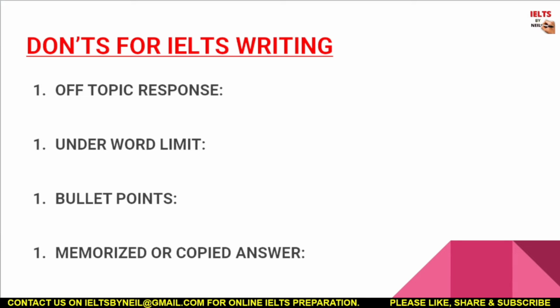Okay, now coming on to what are the don'ts for IELTS writing. So what are the things that you don't have to do for IELTS writing? So number 1 is off-topic response. Means if they are talking about space, you cannot write about history.